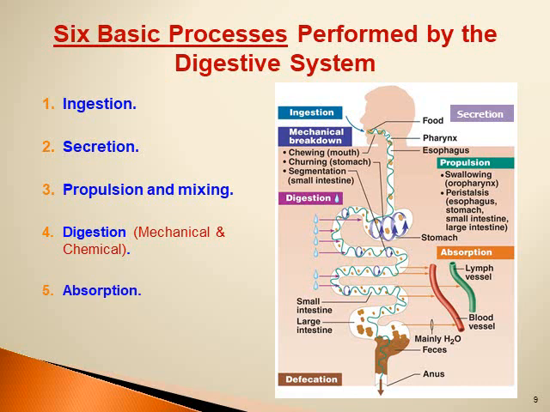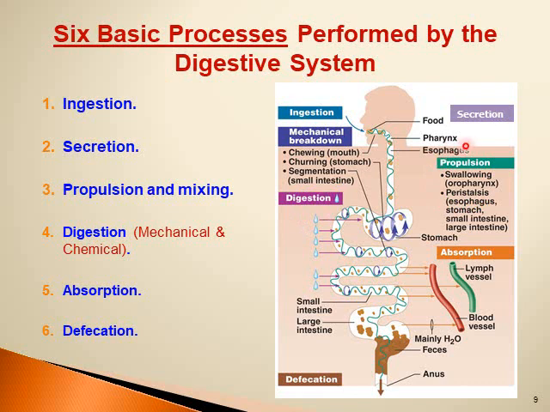The fifth function is absorption of nutrients in their simplest form, and then elimination of any non-digested material in the process of defecation. So as you see here, we have ingestion, secretion, and then mechanical breakdown and chemical digestion.